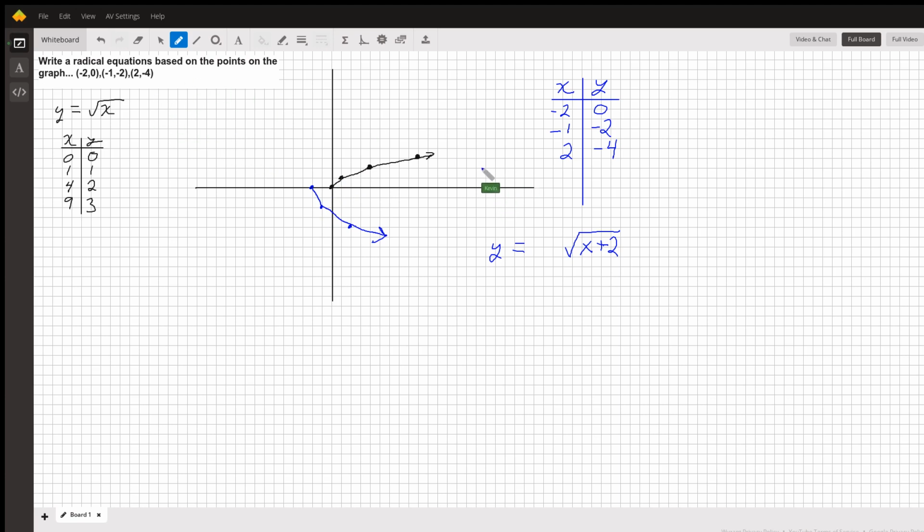When we have a vertical stretch on a radical equation, what we're doing is multiplying the entire equation by 2. And finally, on our original equation, we are on the positive side of the y-axis. But on this equation that we're charting out here, we're on the negative side of the y-axis.